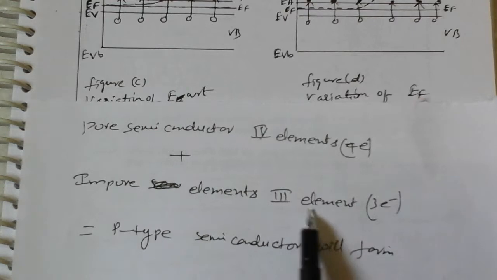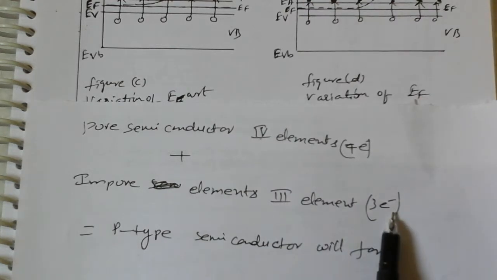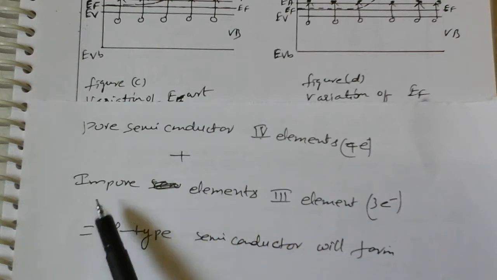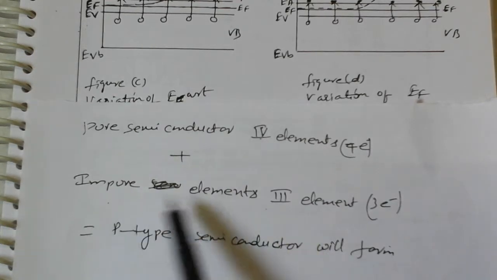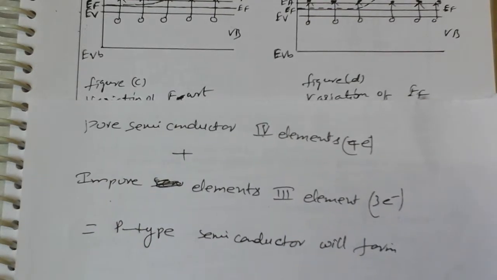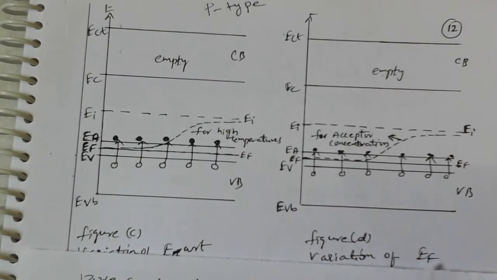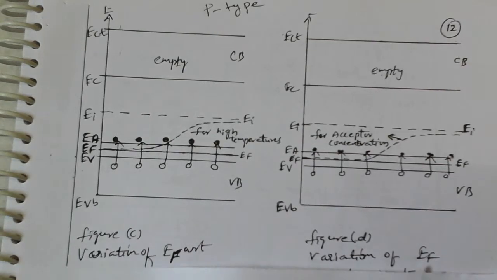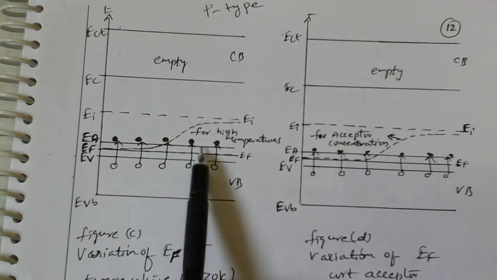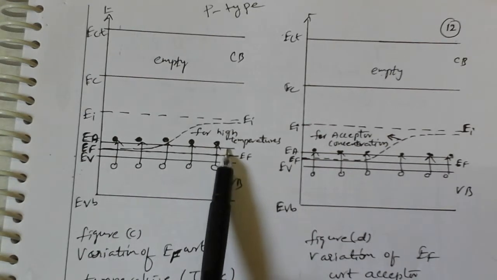Due to adding impure elements, third group elements which have 3 electrons, in the band diagram an acceptor energy level is going to form.